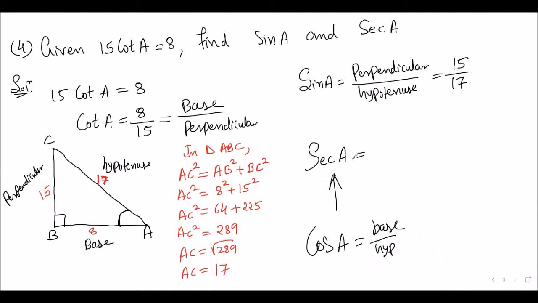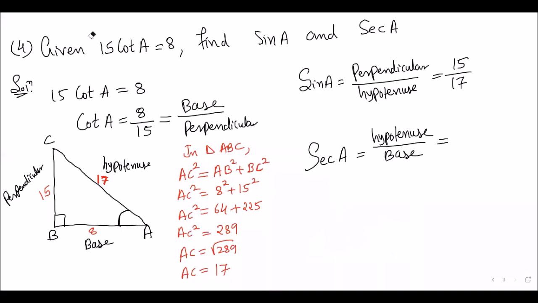If you want to write secant A, you have to take the reciprocal of cos A, which is hypotenuse by base. What is the hypotenuse value? 17. 17 by base, and base means 8. So sec A is 17 by 8.